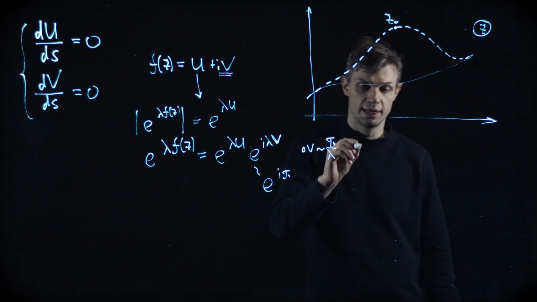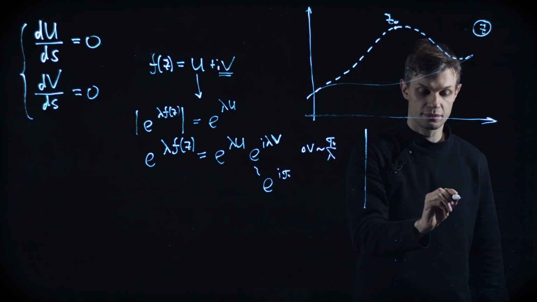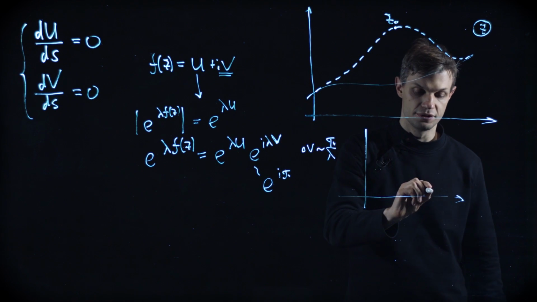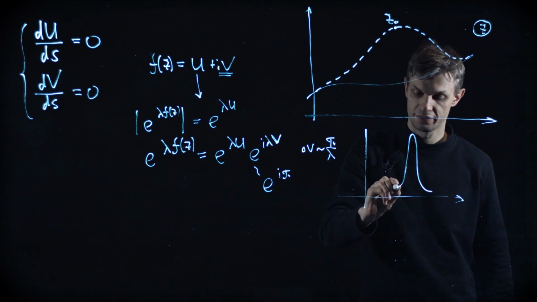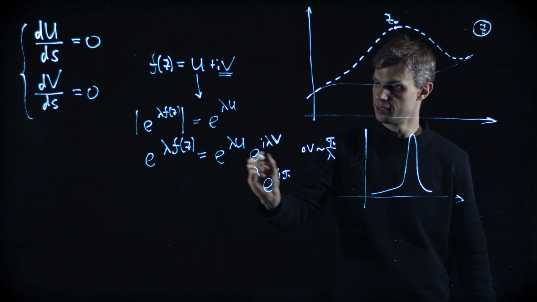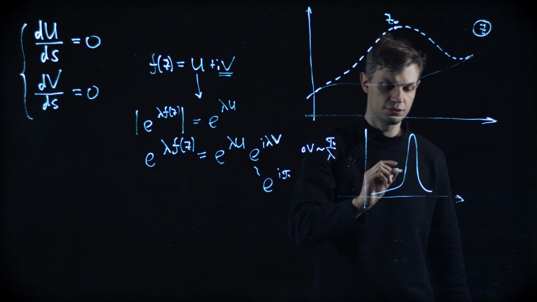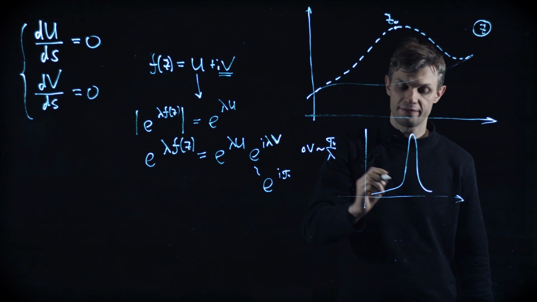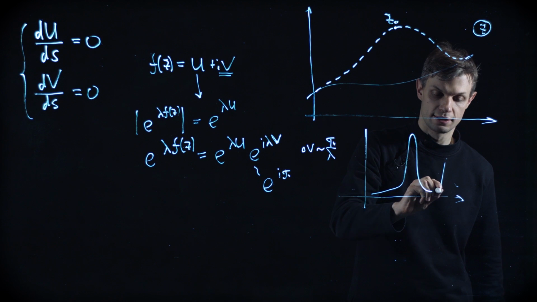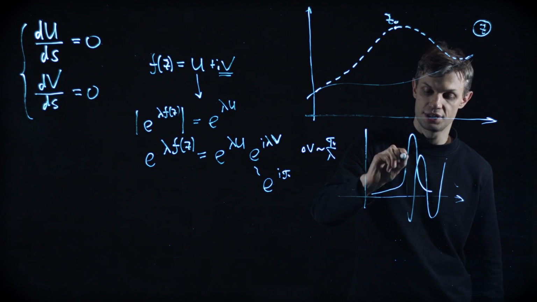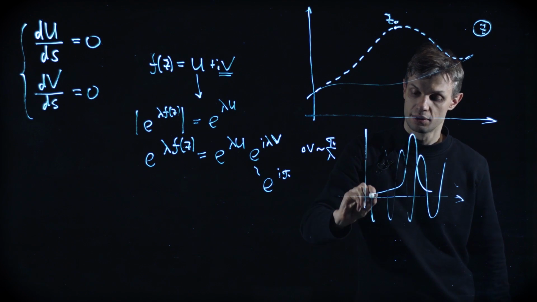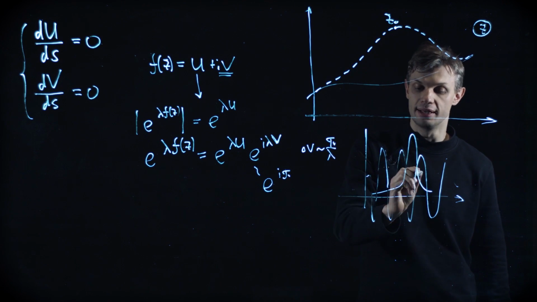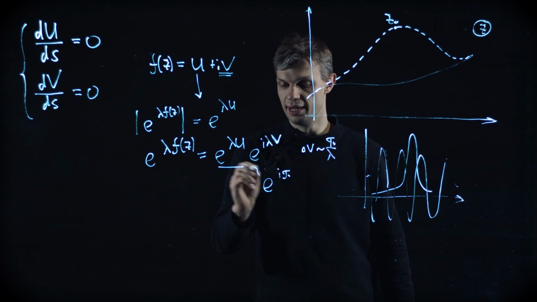So what may happen is that we still have a big contribution from the u function, like that, a sharp peak. But in the same region, the v function may oscillate and change sign quite fast, basically killing the contribution from the real part.